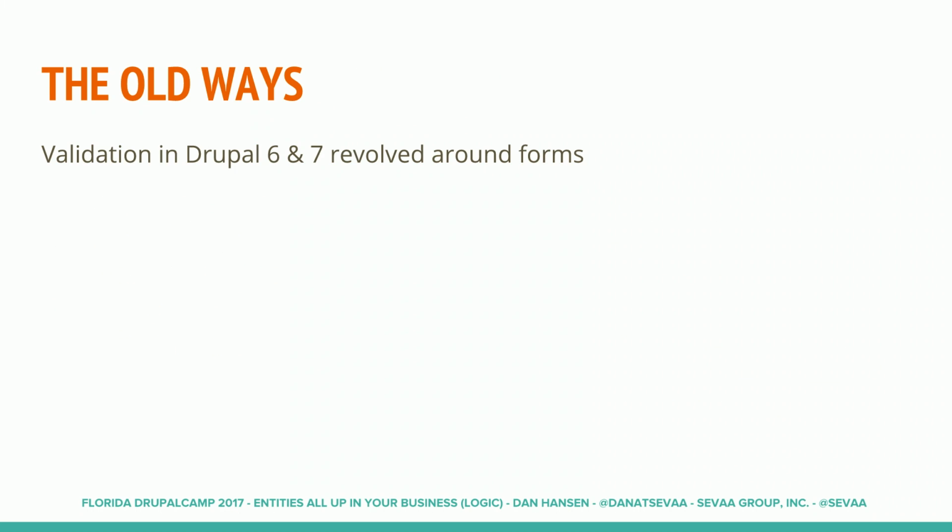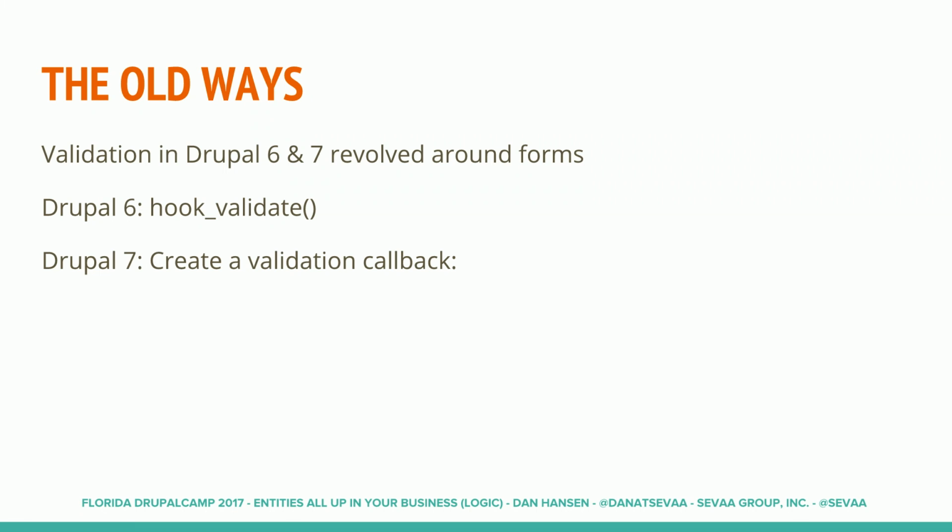The old way: validation in Drupal 6 and 7 revolved around forms. That's where you put in your business logic. That's where you hopefully had people accessing the data and putting in the data. Drupal 6, you had hook validate, which was a lovely little hook that basically lets you determine what you needed to validate on a form.